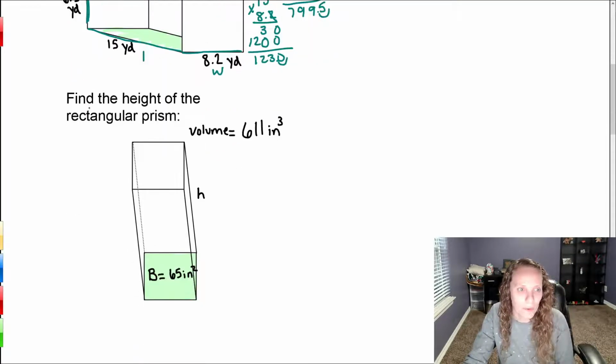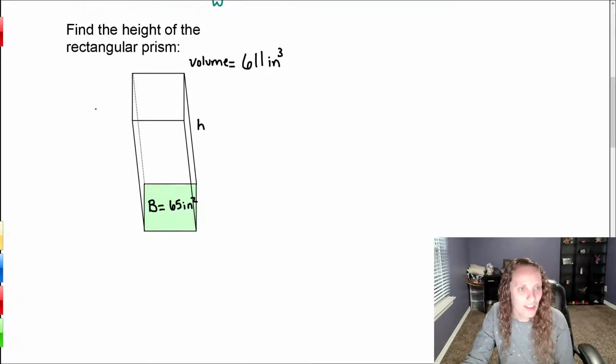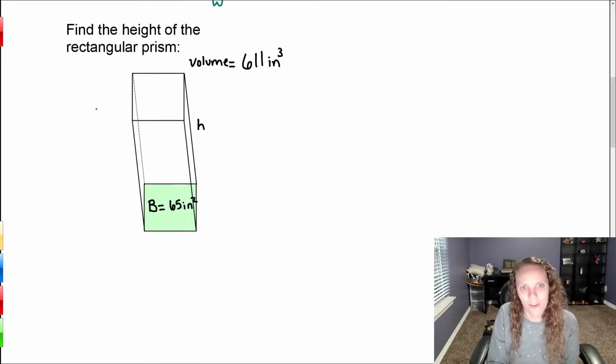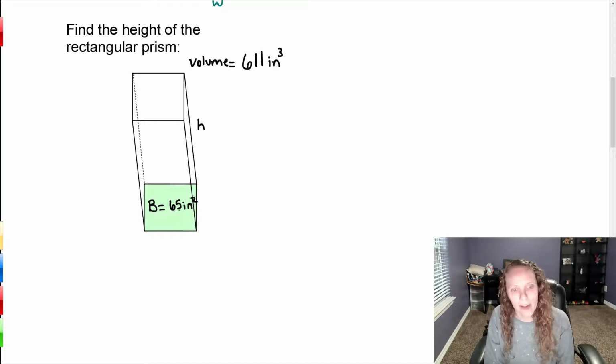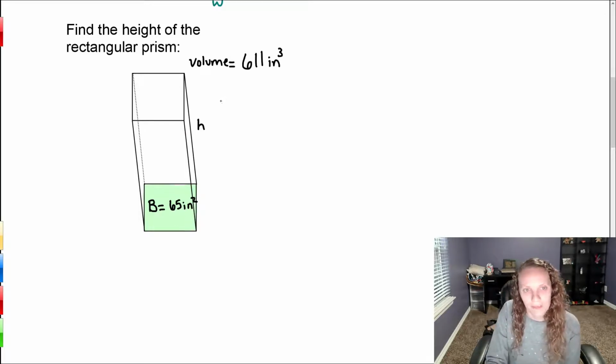Alright, let's look at one more. Find the height of the rectangular prism if the volume is 611 and the area of the base, the shaded part, is 65 inches squared. So remember that our formula is volume equals big B, the area of the base, times the height.